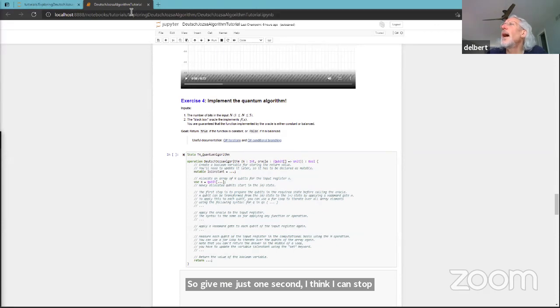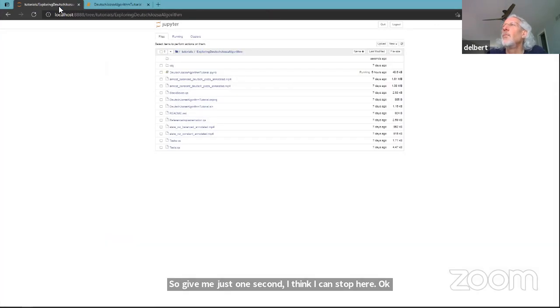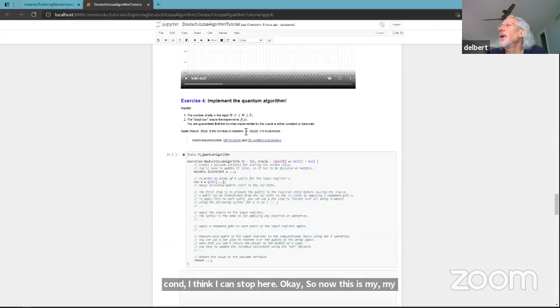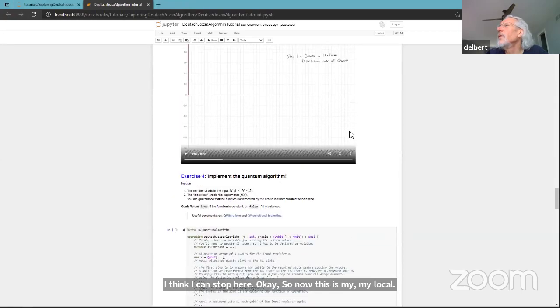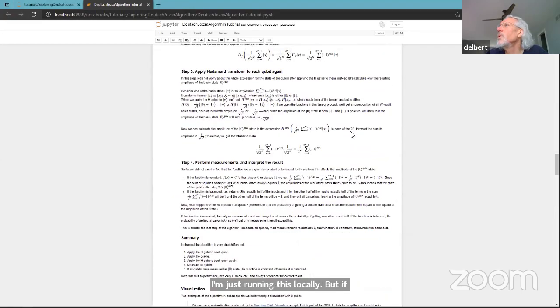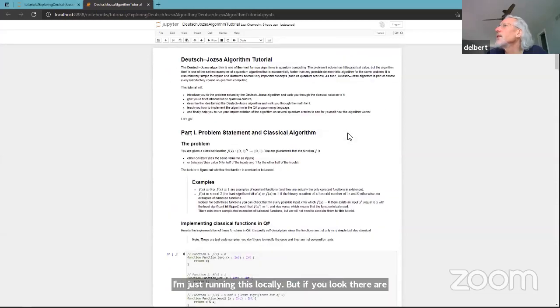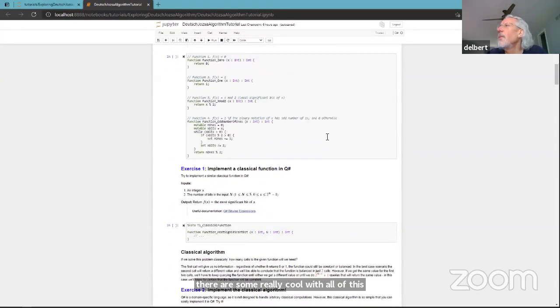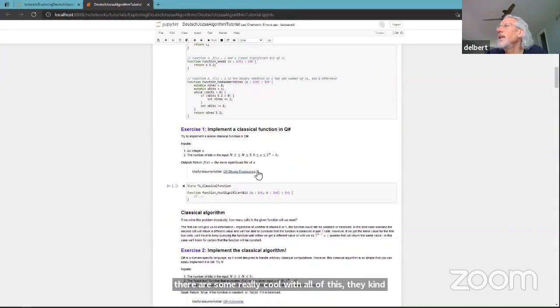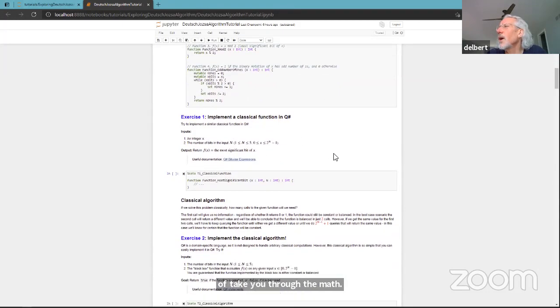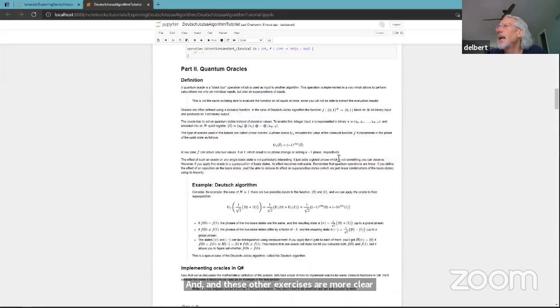Okay. So now this is my local, I'm just running this locally, but if you look, there are some really cool exercises. With all of this, they kind of take you through the math, and these other exercises are more classical to kind of get you warmed up.